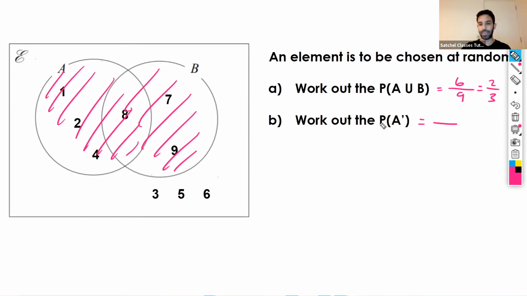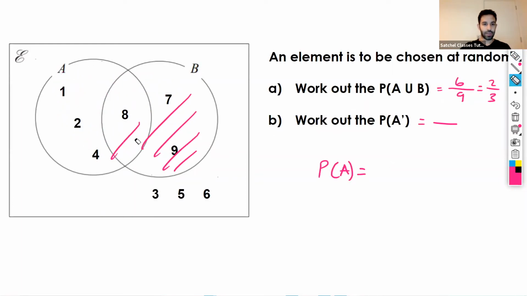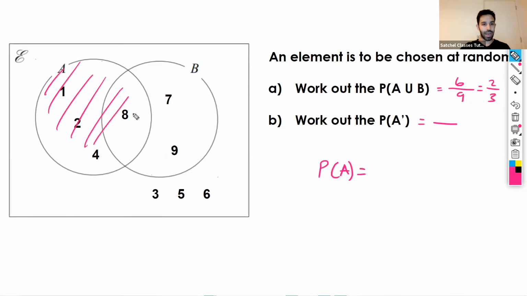And then the probability of A dash, or the complement of A. Now, we didn't talk about this notation, but A dash, also known as the complement of A, is everything that is not A. So if we were to work out the probability of A, that's going to be all the numbers that are here, 1, 2, 3, 4.